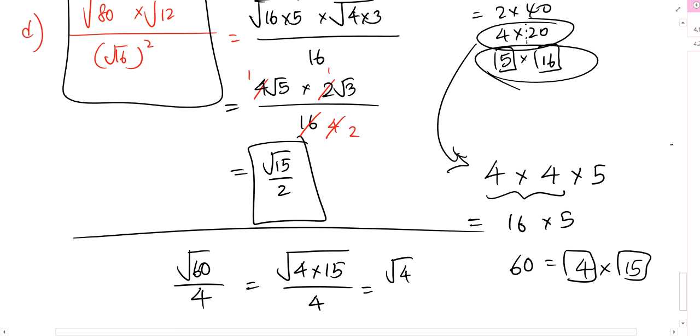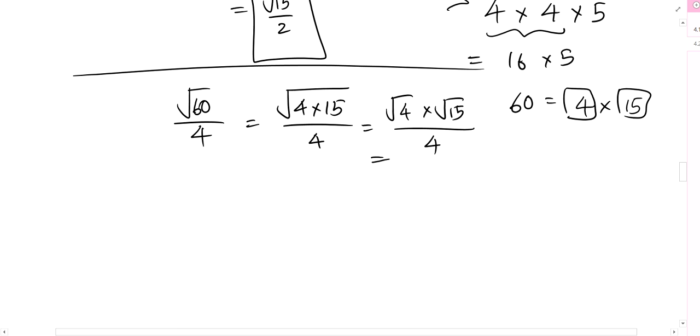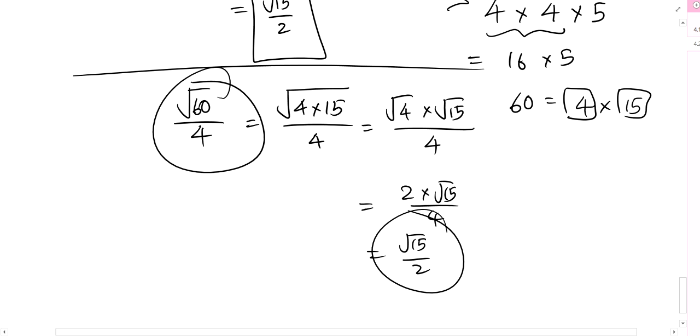So square root 4 times square root 15 over 4, which is 2 times root 15 over 4, which is root 15 over 2. So this is the most simplified one. This is not simplified yet, so this one will not give you the final answer mark.